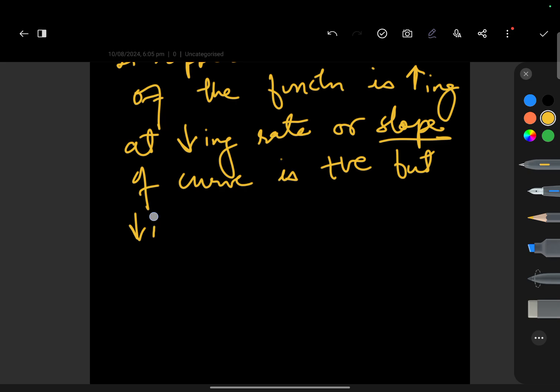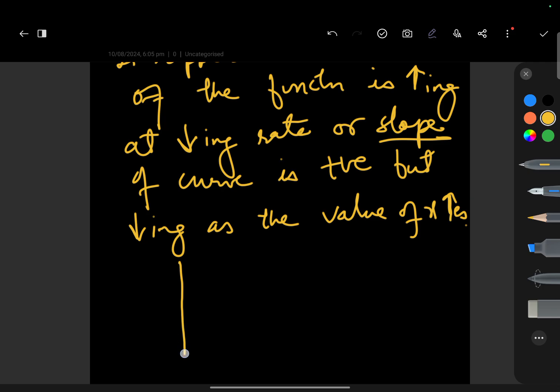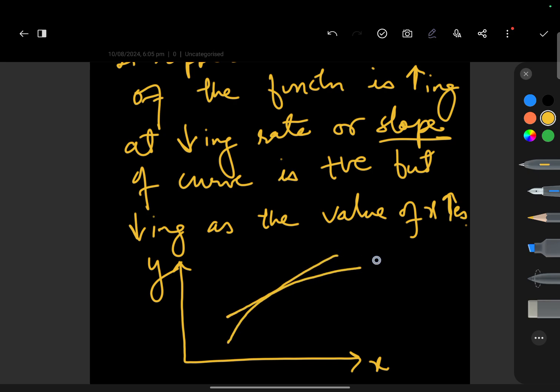Slope is decreasing as the value of x increases. So graphically we see this x and this is y. This is our function like this. This is the tangent. Our function is this.